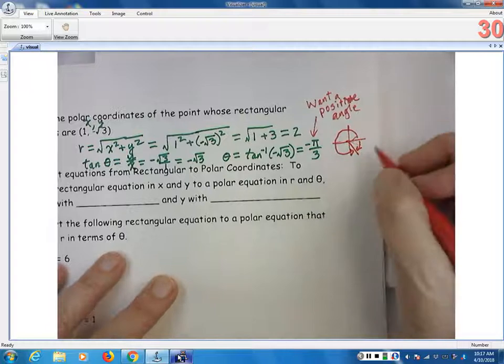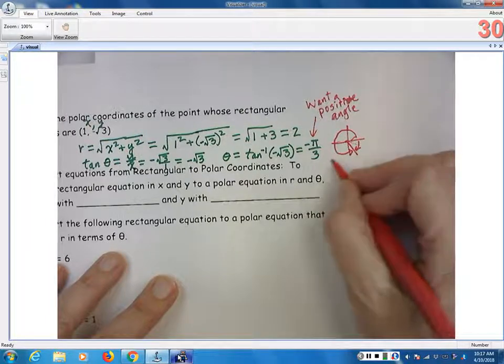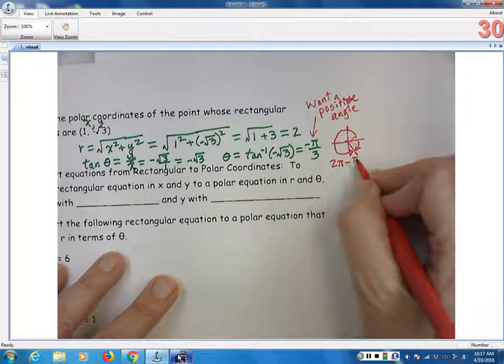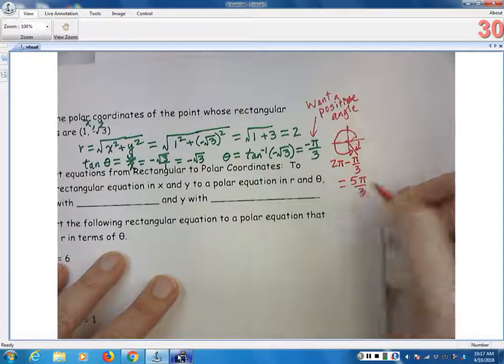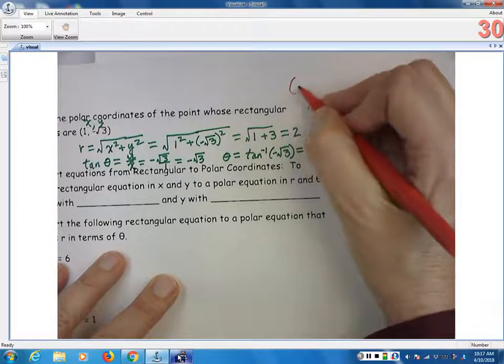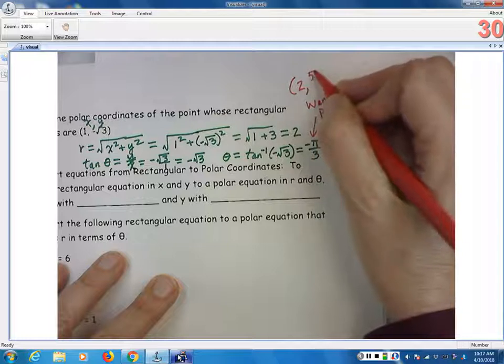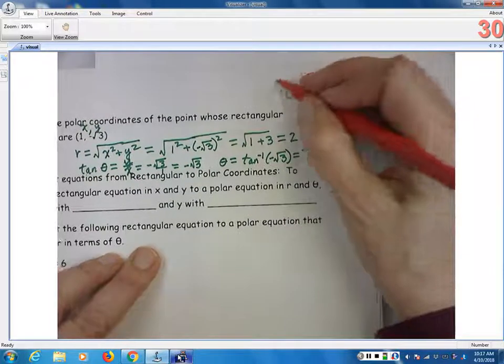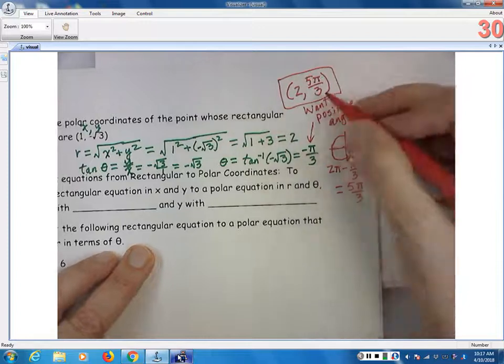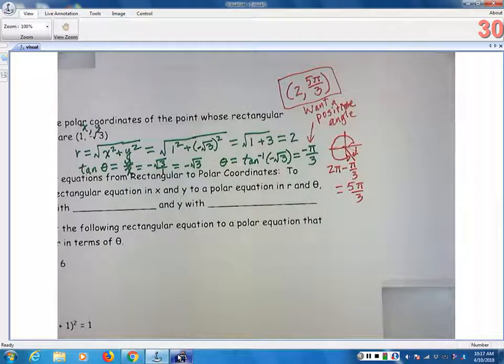We take 2 pi minus pi over 3, which is 5 pi over 3. So the coordinates are (2, 5 pi over 3). We're choosing r to be positive, and we're choosing the smallest positive angle between 0 and 2 pi.